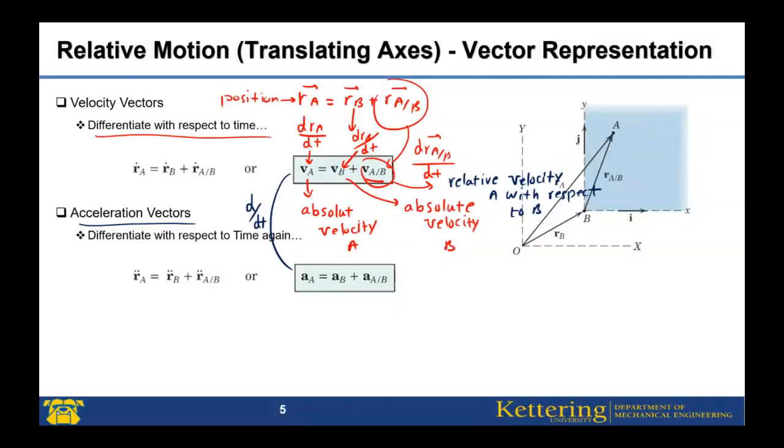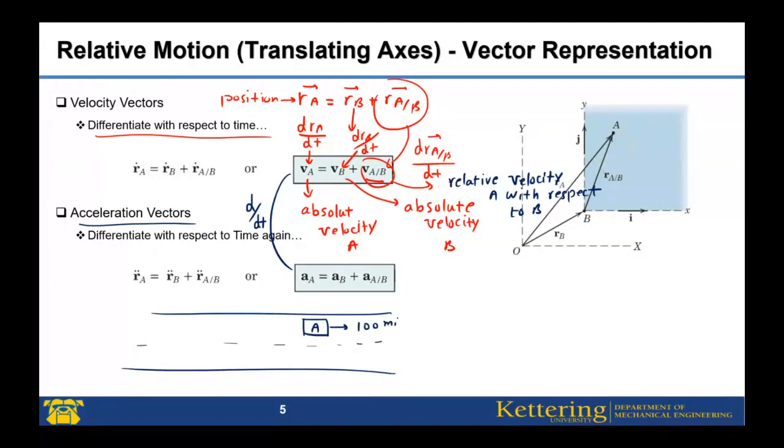Now, for example, return back to the previous example I just showed you. If car A has a velocity or speed of 100 miles per hour and car B has a velocity or speed of 60 miles per hour, I just made a very simple example.